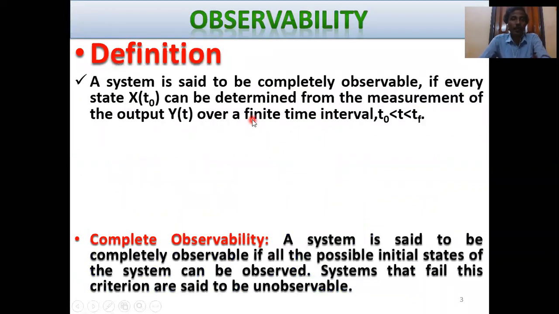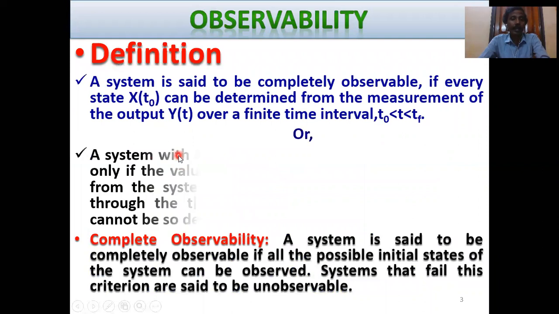Observability definition. A system is said to be completely observable if every state x of t0 can be determined from the measurement of the output y of t over a finite time interval t0 to tf.